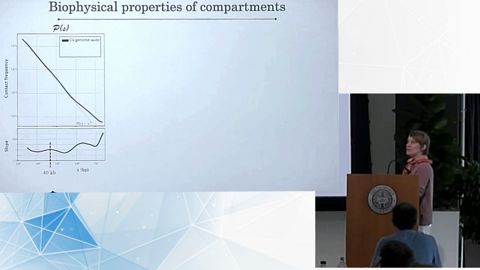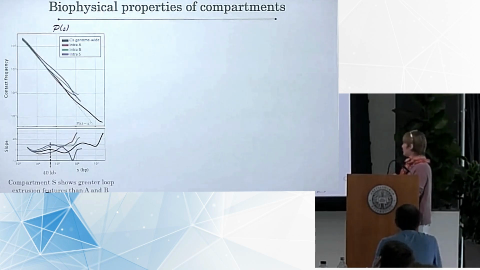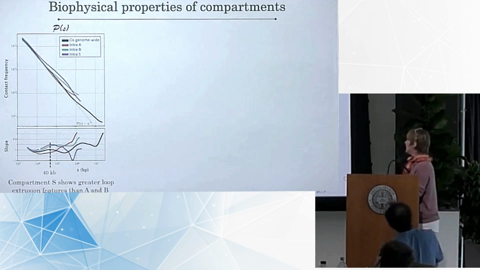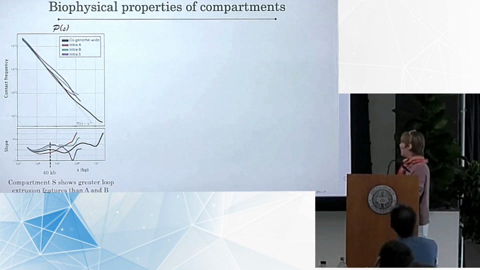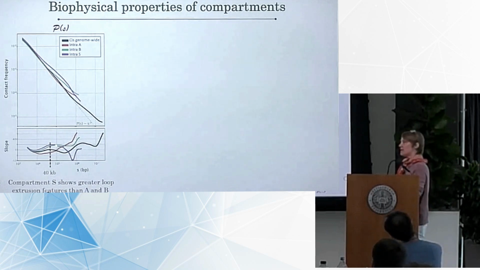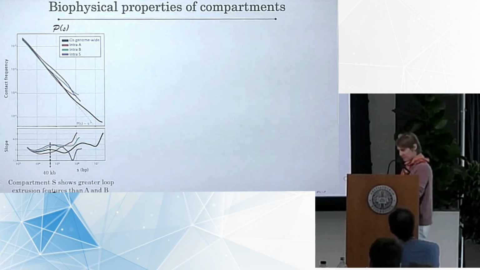Now, if we dig into this and draw the same plots within each compartment type, we can see that this loop extrusion feature is more prominent in the S compartment, with an average loop size similar to the genome-wide one. And we can also see some evidence of loop extrusion in B, but probably with a slightly bigger loop size.